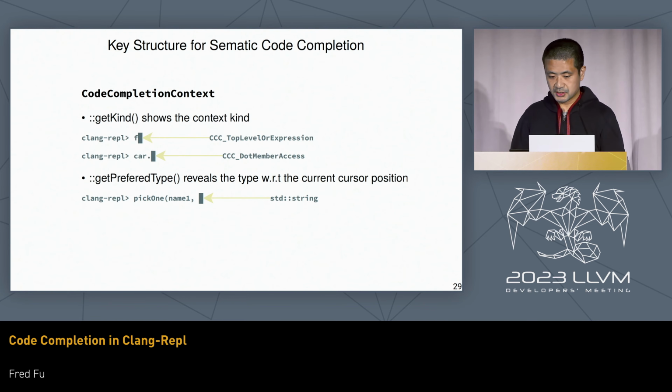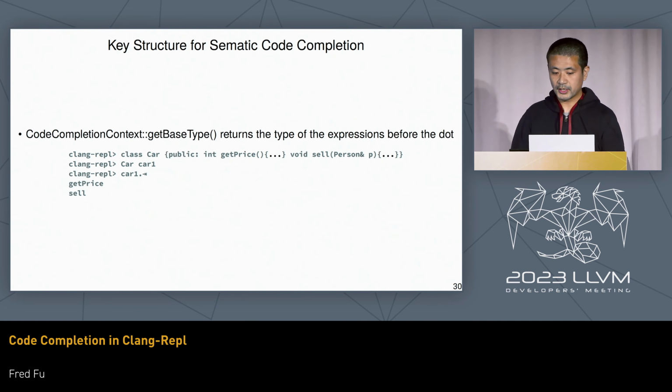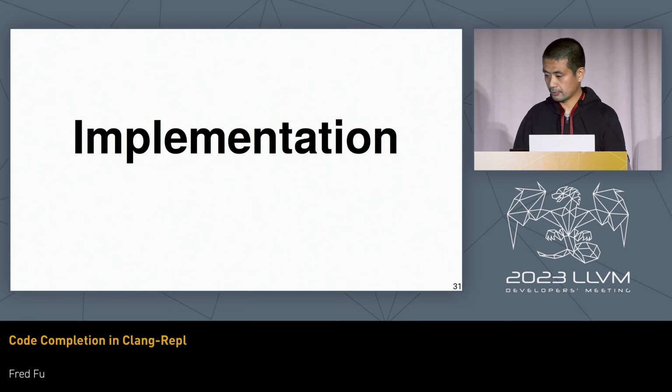As in this case, since name1 is a string, the second argument also has to be a string. Furthermore, we can use the method getBaseType to get the type of the expression before the dot. Like in this case, once we know the variable before the dot is a car instance, it's quite easy to figure out all its public members.